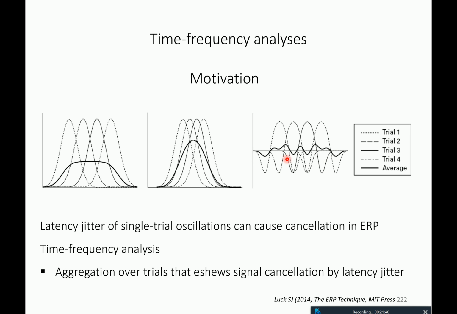If they are jittered in time, for example because this is driven by a cognitive process that sets on with some time jitter, I mean that's fairly idealistic, these non-phase locked activities can cancel out if you just do an event-related potential analysis, and you don't see phenomena that are of potential interest.